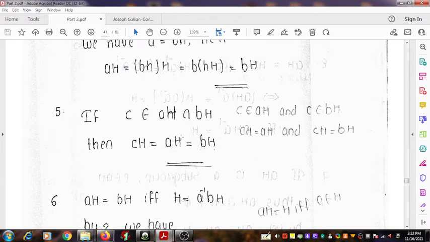So in the remaining case, suppose the intersection is equal to empty. That is the complementary case of this situation. If AH intersection BH is equal to empty, then it is not possible to show this.